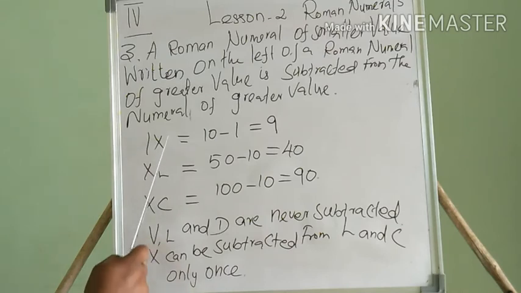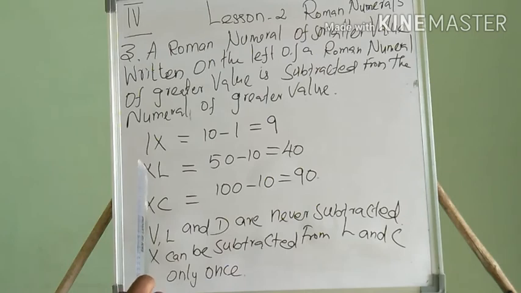If there is a Roman numeral with the highest value, then for the other Roman numerals, depending upon whether they are placed on the left or right, we have to do addition or subtraction.